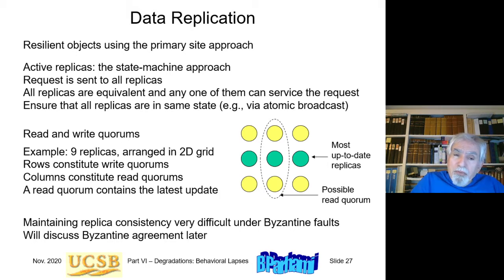And then we define read and write quorums. This is just an example of a category of methods. For example, we can say a write quorum is any three copies that form a row. So the top row constitutes a write quorum, the middle row constitutes a write quorum, and the bottom row constitutes a write quorum. Write quorum means basically when we want to write.